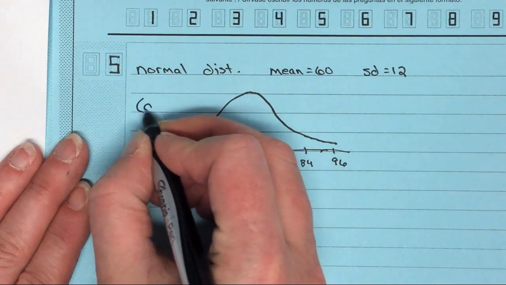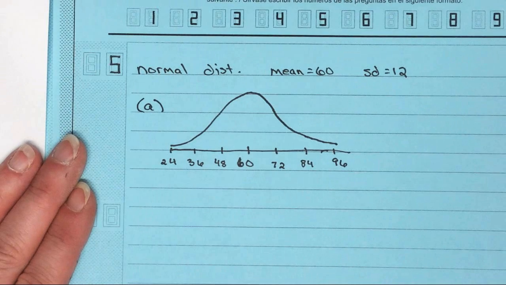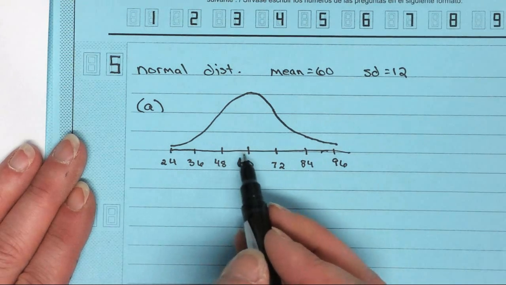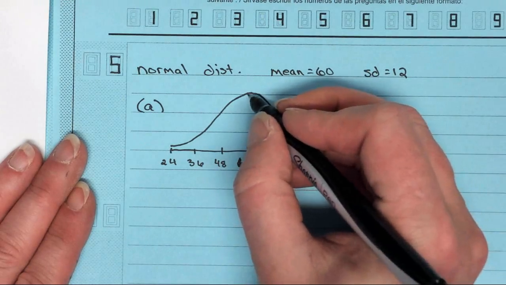Part A. Write down the probability that a randomly chosen candidate scored at most 60 marks. 60 or below.